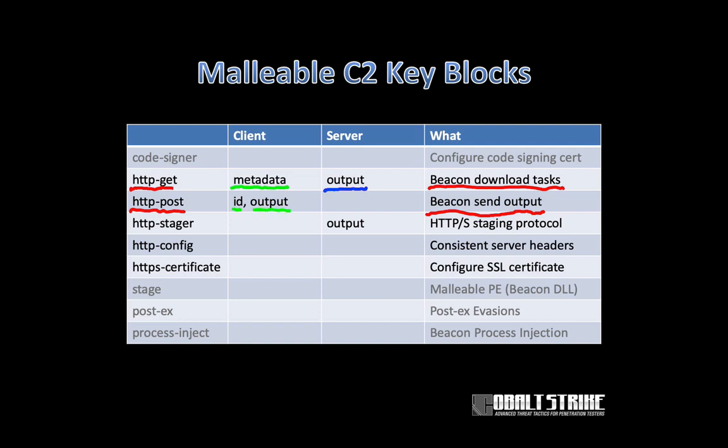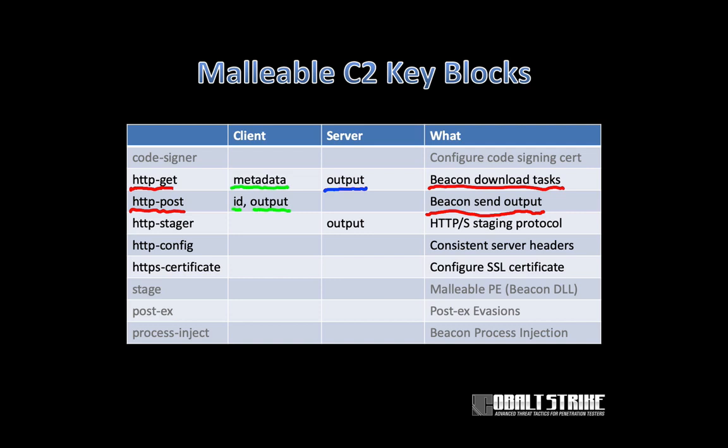The ID is your Beacon's identifier, it's a number, and the output block is the output Beacon wants to send back to Cobalt Strike. And this output can get quite big unless you enable chunking, which we'll talk about in a moment. But know that the HTTP post client block has these two items that it needs to transform and describe where they're stored in the transaction.